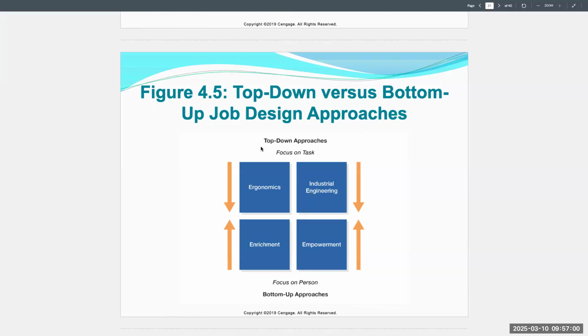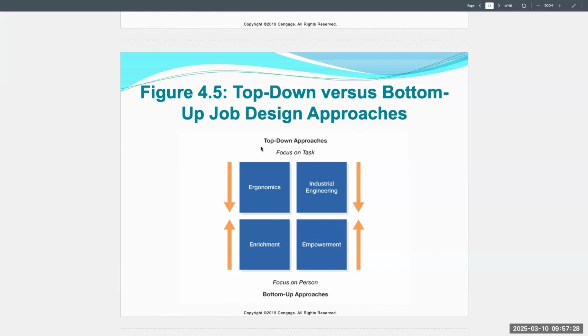So top-down, you're designing a job to minimize physical strains in the workplace, and then standardizing work processes for efficiency and productivity also matters because it's task related.